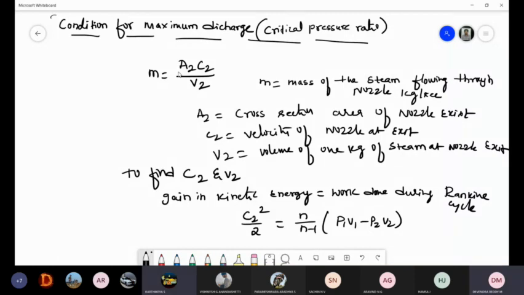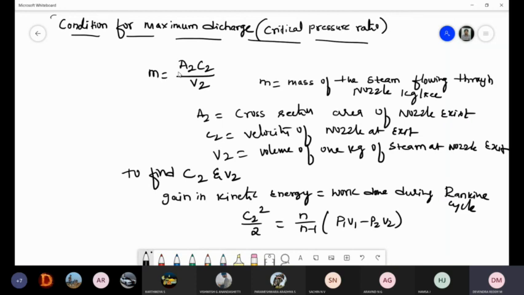Yes, sir. So you have to remember m is equal to A2 C2 divided by V2, where A2 is the cross sectional area of the nozzle exit, C2 is the velocity of nozzle at exit, and V2 is the volume of 1 kg of steam at nozzle exit. To find C2 and V2, I mean velocity and volume, we have an energy equation: kinetic energy of the steam equals work done during the Rankine cycle.